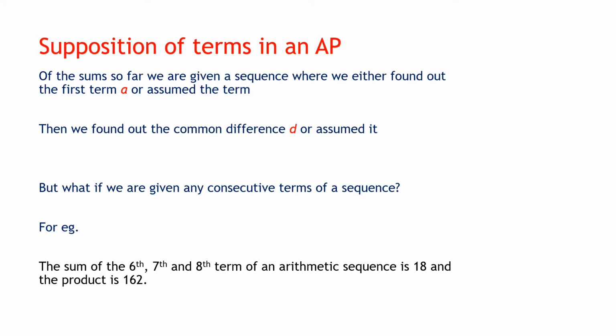Which means when you add the 6th term, the 7th term and the 8th term, you get 18. And when you multiply the 6th term, the 7th term and the 8th term, we get 162. So some data is given to us. Now we have to find out the three terms of the arithmetic sequence, which on adding will give us 18 and which on multiplying will give us 162.